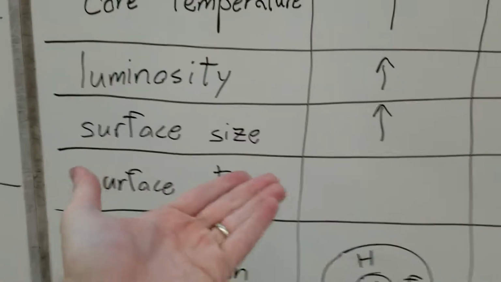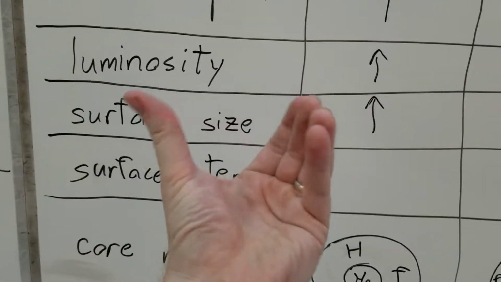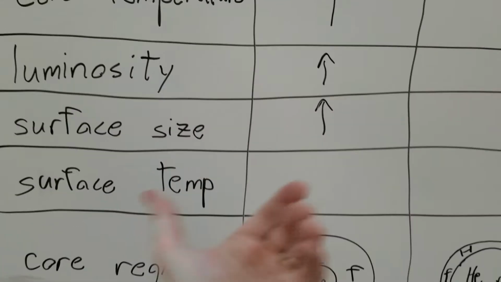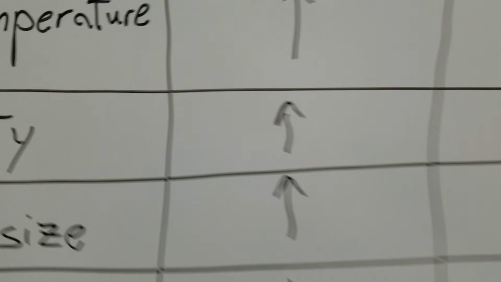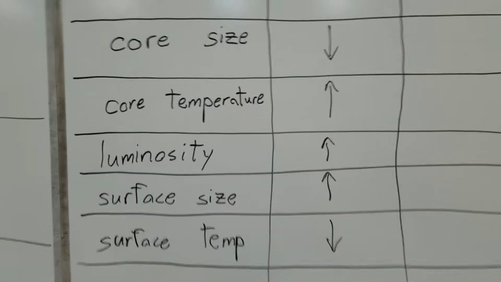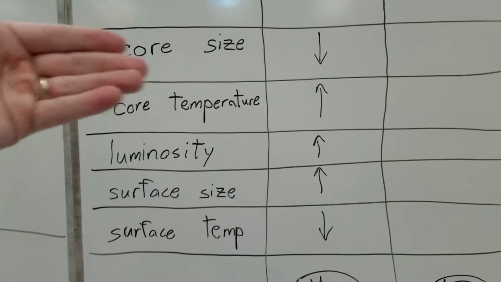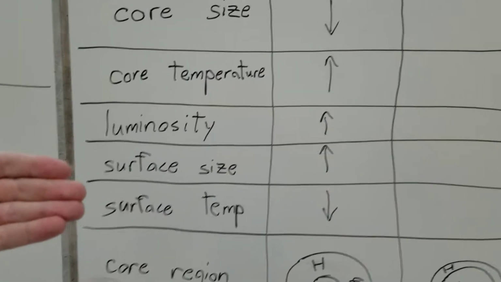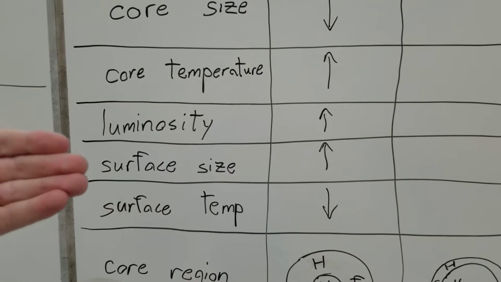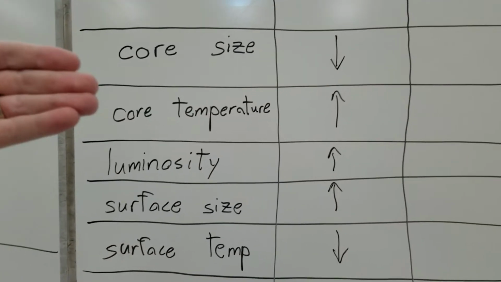And if we let the rest of the star outside of the core spread out or grow, then that means it's going to cool down. So the surface temperature will actually go down. So I want you to notice something here. The core shrunk and got hot, but the surface grew and got cold. The surface did the opposite of what the core did.